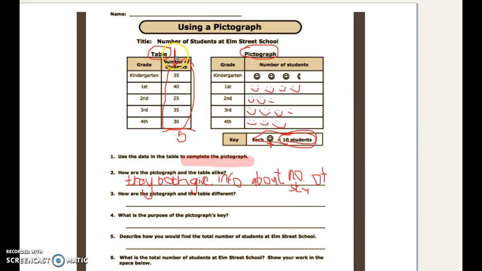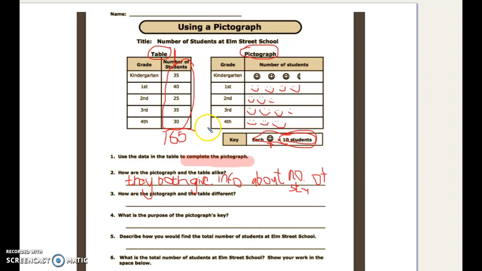Now I'm going to add this. 1 plus 3 is 4 plus 4 is 8 plus 2 is 10 plus 3 is 13 plus 3 more is 16. 16 tens. All right, so this tells me I have 165 students at Elm Street School.